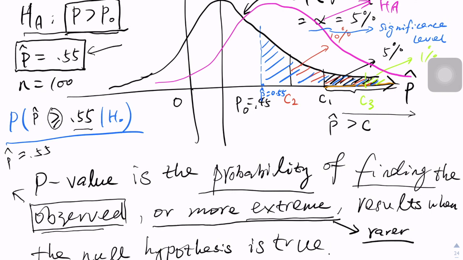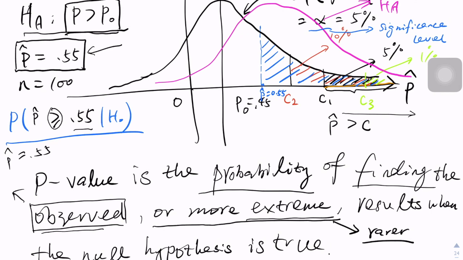So that's the basic idea of the p-value method. It's very commonly used in your daily research. It's more popular compared to the traditional rejection region method, because in this case you don't have to recalculate the critical values every time you want to change the value of your alpha.